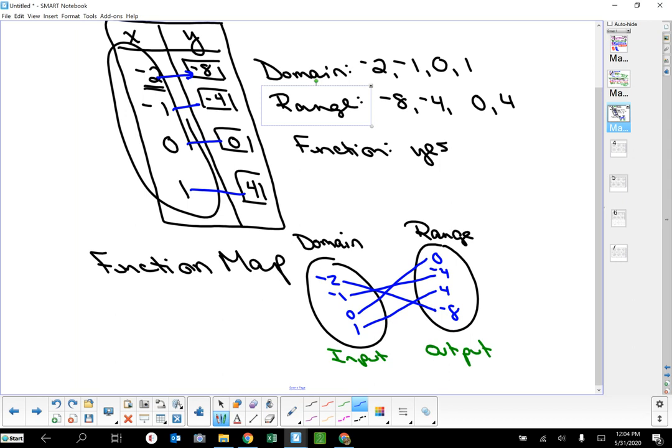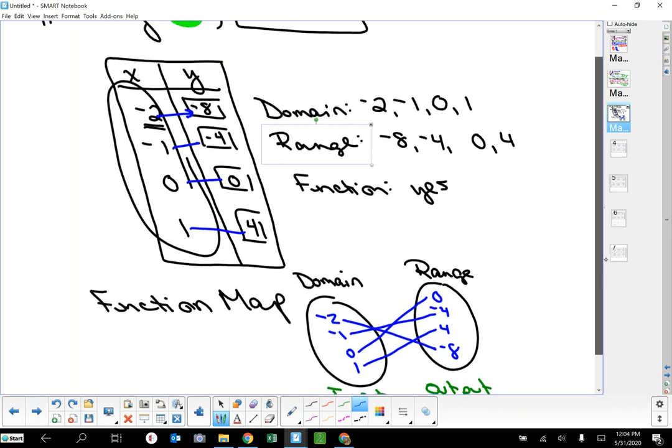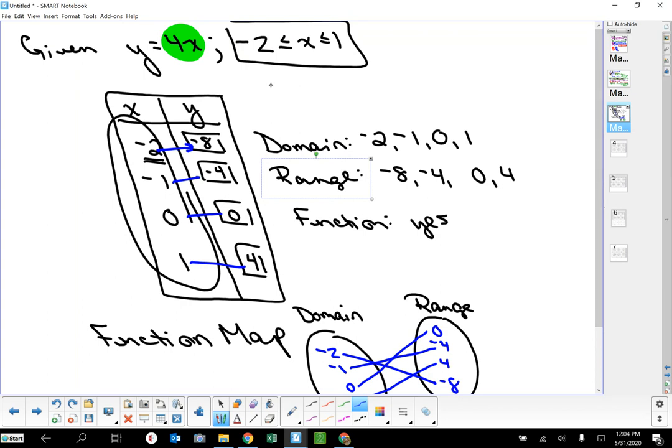Also, one other thing you should know before we go and look at these graphs, which is kind of where the craziness on these comes into play, is function notation.